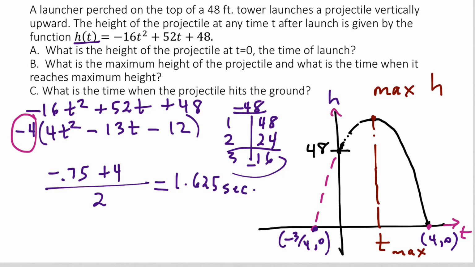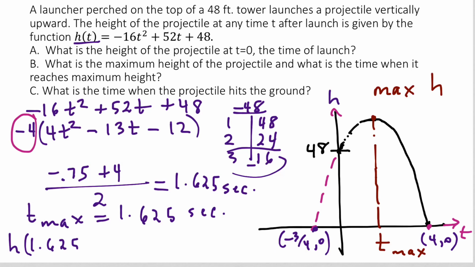So t max is 1.625 seconds, the time when your projectile reaches its maximum height. Now, to figure out the corresponding height, you would just substitute 1.625 into your equation. So you're basically finding h of 1.625, evaluating your equation at 1.625 seconds.